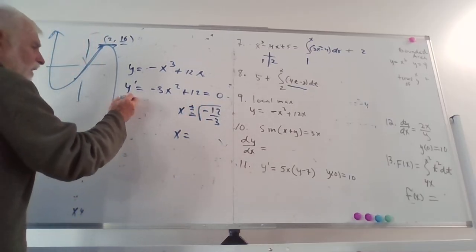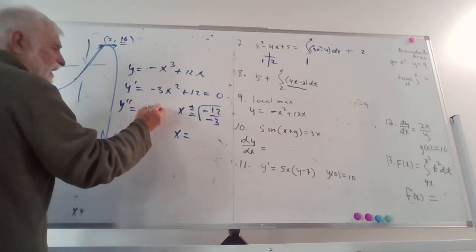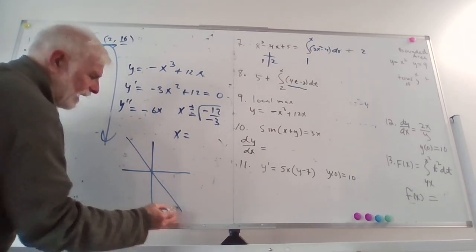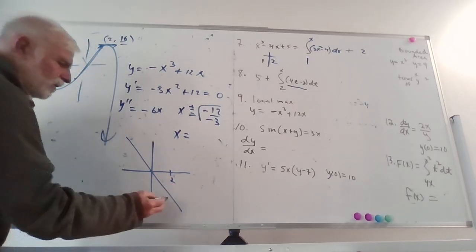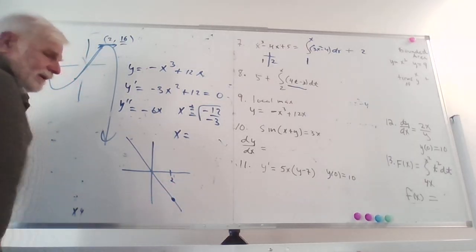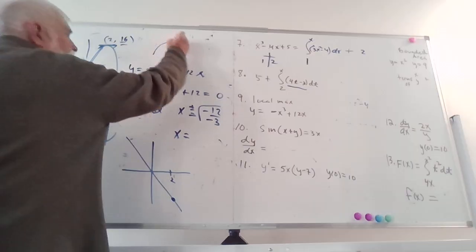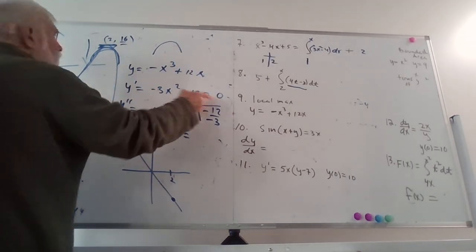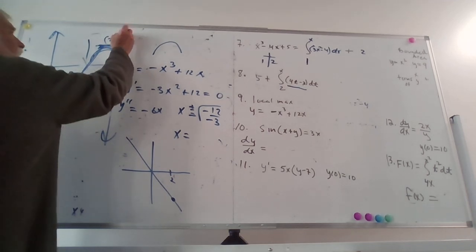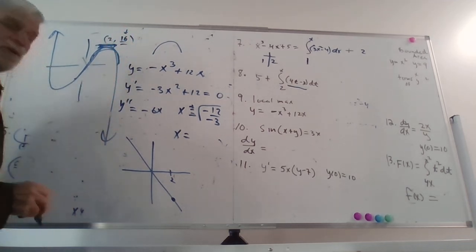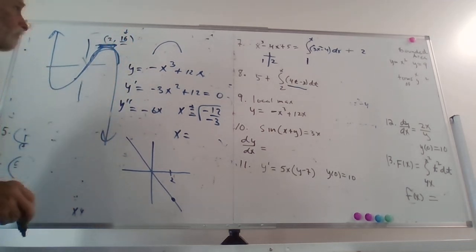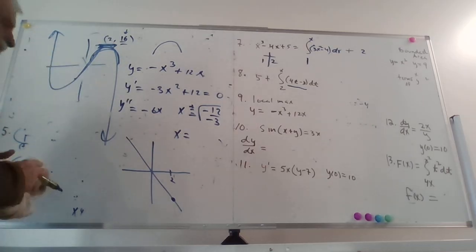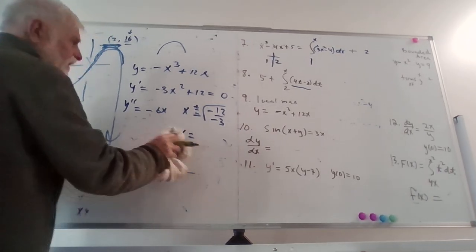Because y double prime is equal to minus 6x. Minus 6x is the second derivative. And at 2, the second derivative is negative. And when the second derivative is negative, we have a concave down situation with a slope of 0, proving that 2 gets us our local max of 16. Bigger numbers than 16 over here on the left side. I hope you can notice that. All right, that's the conversation you wanted to have.